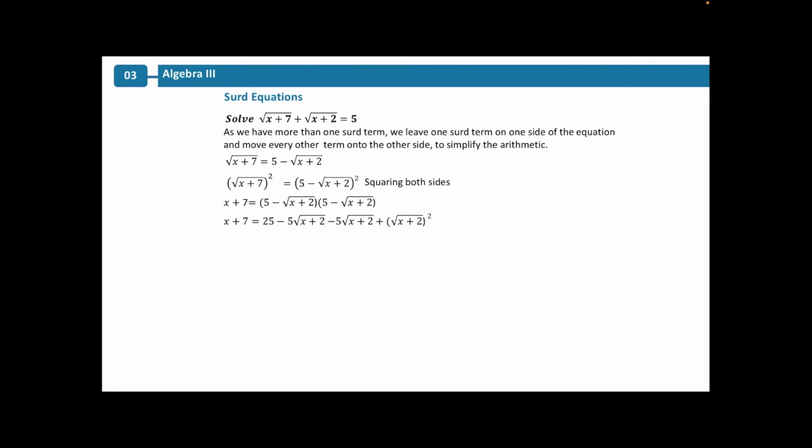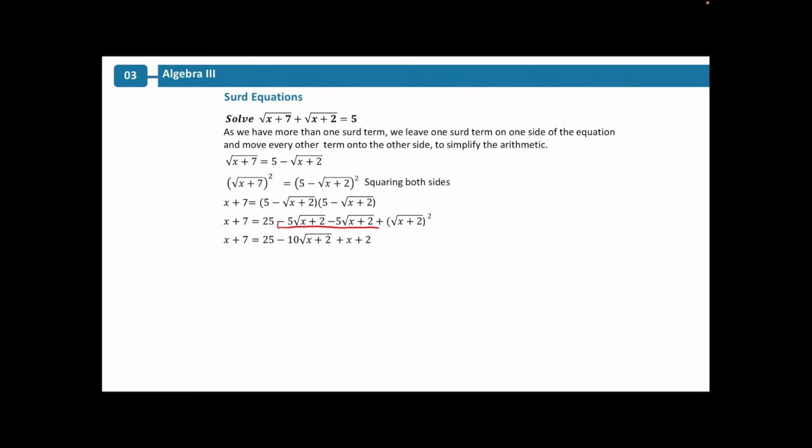Minus root x plus 2 squared gives us plus root x plus 2 squared. Okay, here we're going to add together our like terms. We're left with x plus 7 equals minus 10 root x plus 2.